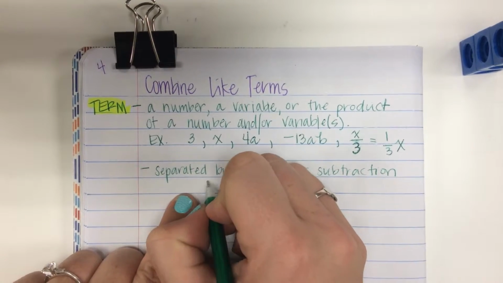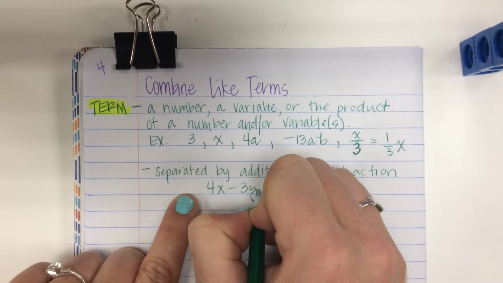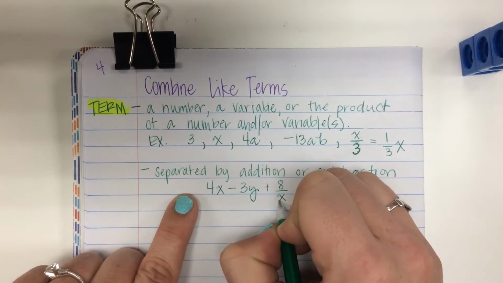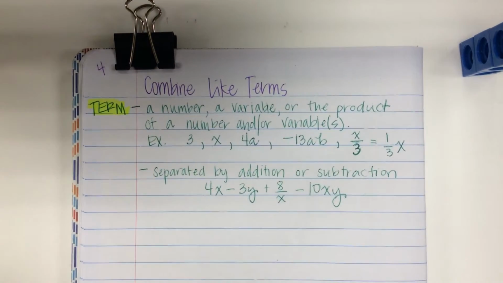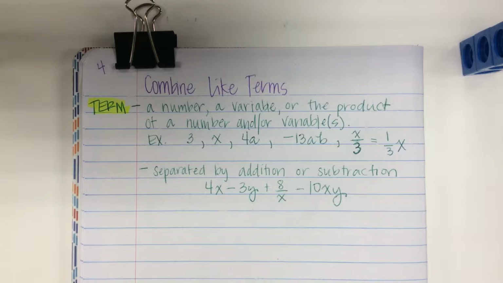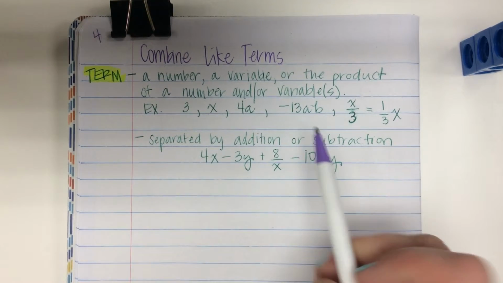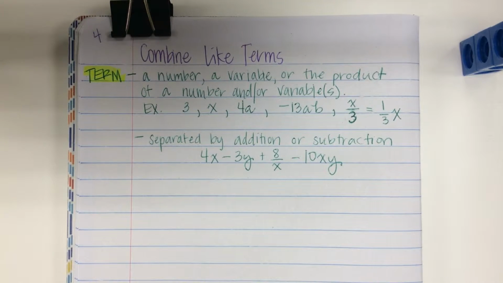In this expression, 4x minus 3y plus 8 divided by x minus 10xy, an addition or a subtraction separates each term.